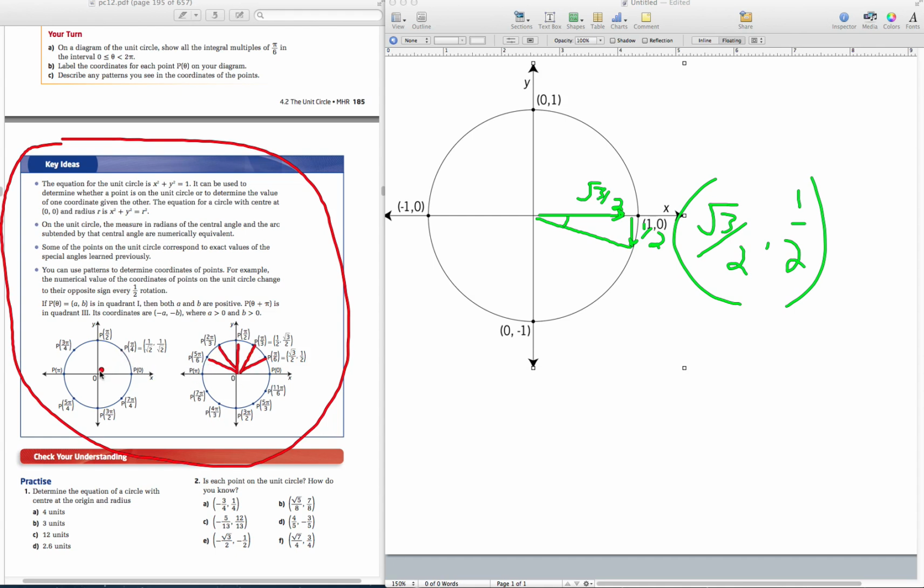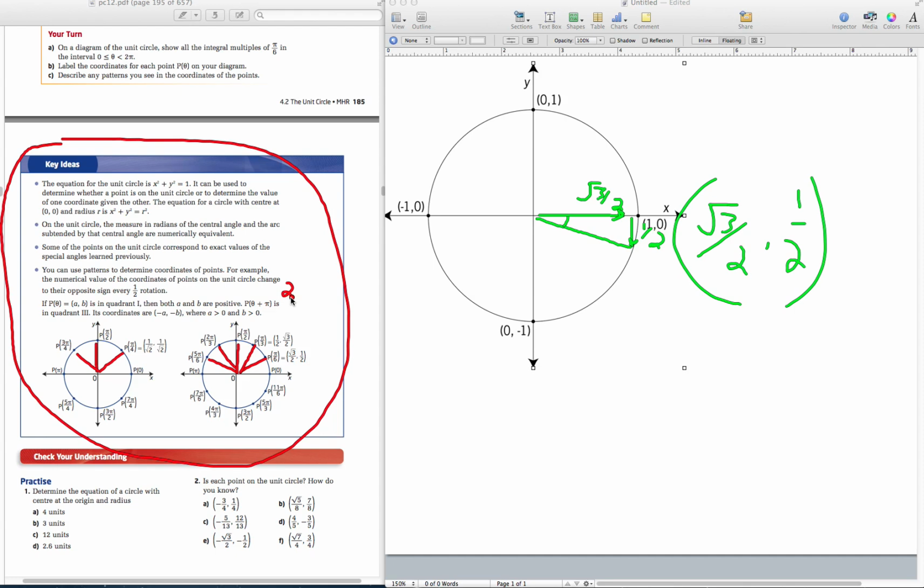So they have pi over 4 system here, right? 0, pi over 4, pi over 2, 3 pi over 4, right? 1, 2, 3, that's where the top number comes from. And over here, we're counting the pi over 6, right? Pi over 6, 1, this is the first angle, so it's 1 pi over 6. Next one is 2 pi over 6.